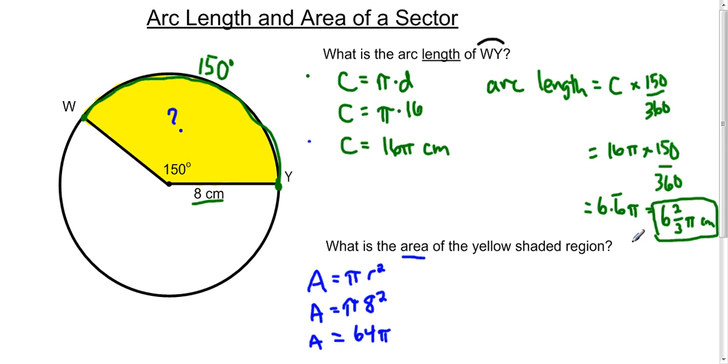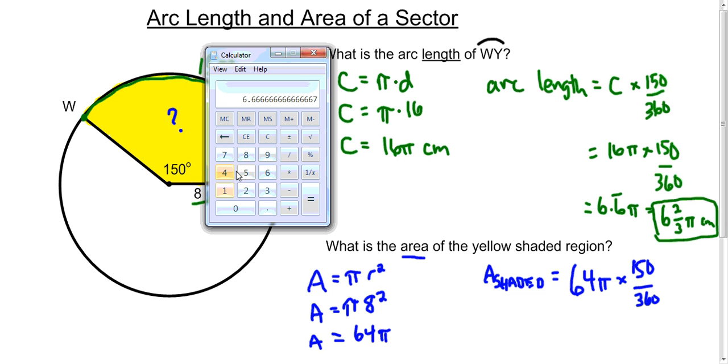So I just want to know, what is the area of the yellow shaded part? Well, it's the same idea as what we did for arc length. We're going to take the area of the shaded, I'll write this down, area of shaded is the total area, 64 pi, times the fraction of the circle we're dealing with, 150 over 360. And I'll use my calculator again.